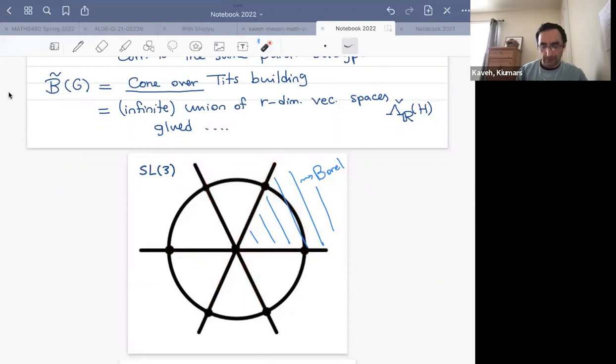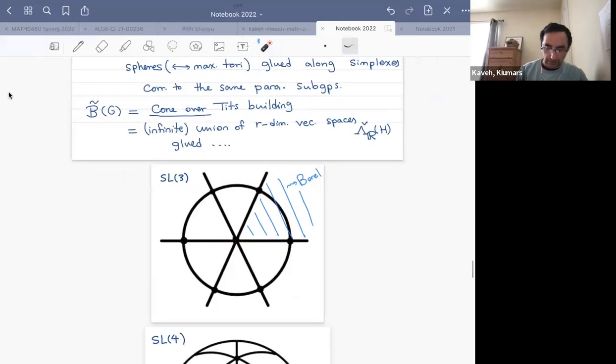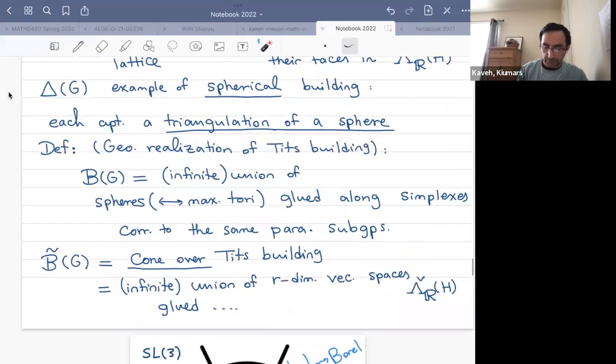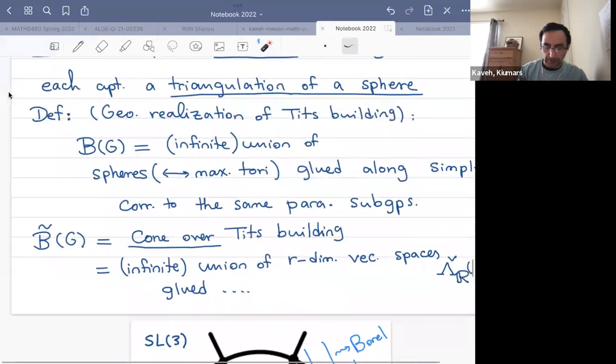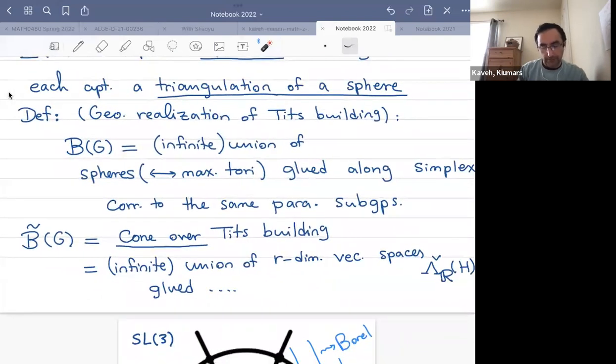Okay. So now you can glue. I'm going to construct a building, or in fact a geometric realization of this abstract simplicial complex, as follows. For each maximal torus, I look at a sphere inside the cocharacter lattice, or the vector space associated to it.